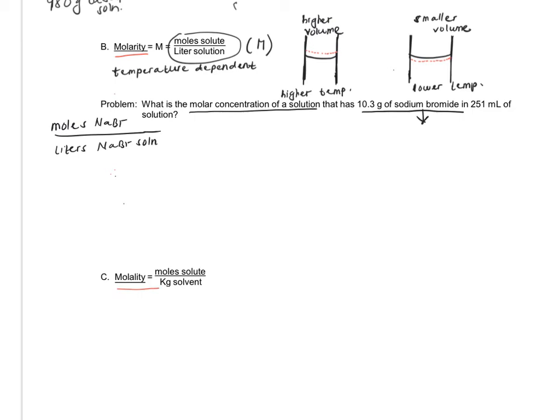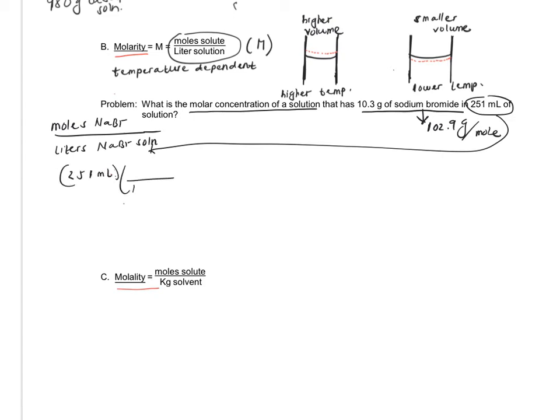The molar mass of sodium bromide is 102.9 grams per mole. We are already given our volume of the solution in milliliters. We just need to change it to liters. So if you change it to liters, we have 0.251 liters of solution.